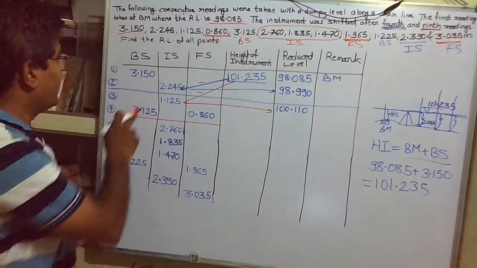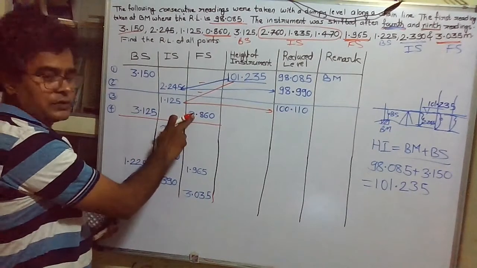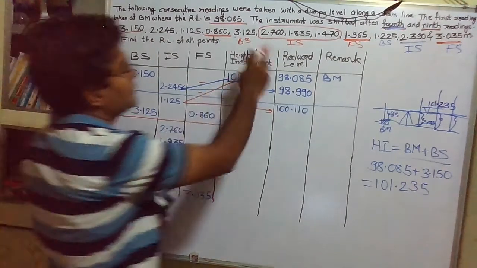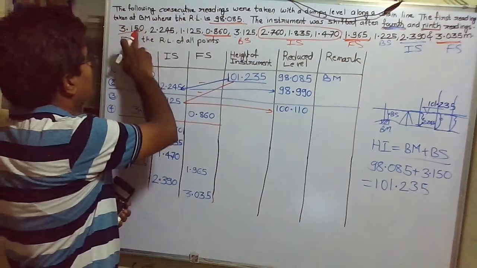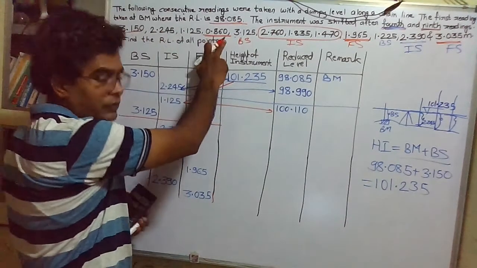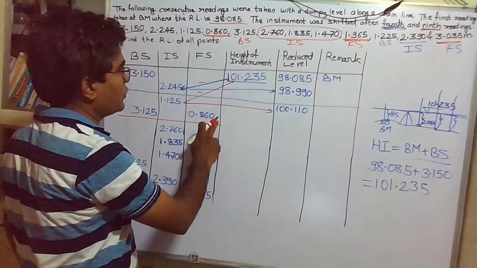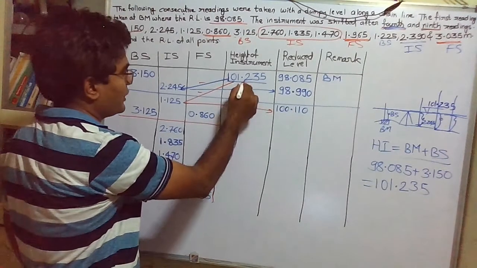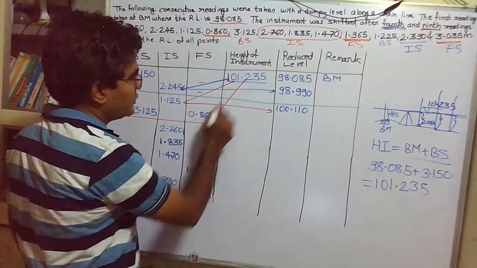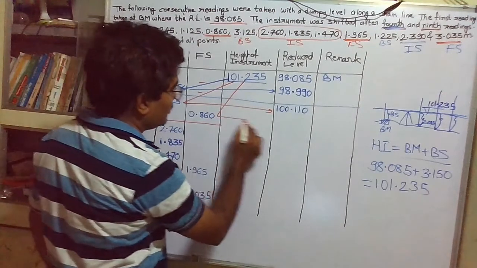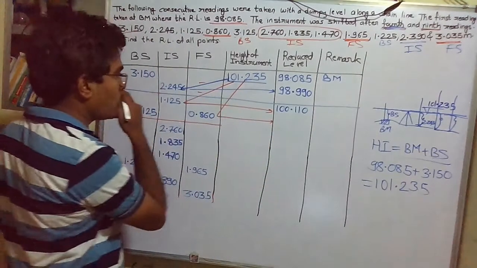Now our next reading with the same setup of instrument is this. That is the first reading, second reading, third, and this is the fourth reading with this setup of instrument. So to find the RL of the fourth point, what we will do? We have to subtract this 0.860 from 101.235 to get the RL of point 4.